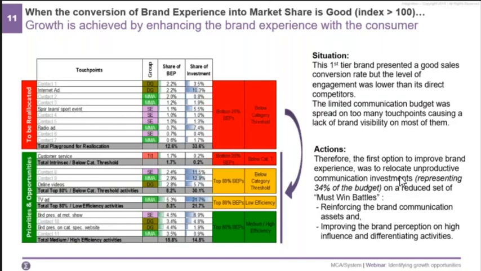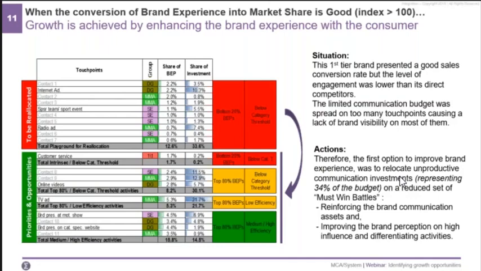What we were able to do was to, number one, clearly identify there are resources in the business that are not contributing much, and then also at the bottom of the table, identify those contacts or activities which were the must-win battles, the ones that they absolutely had to win in order to connect with the consumer groups that they were interested in.